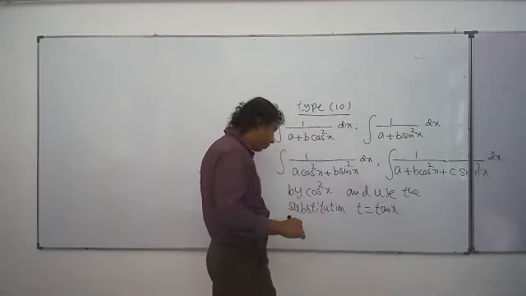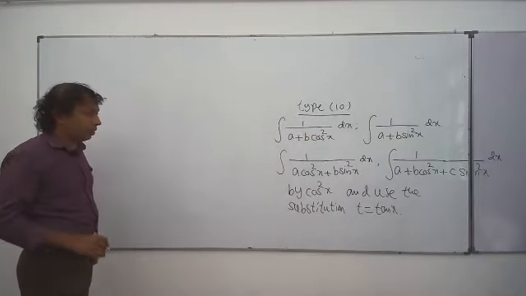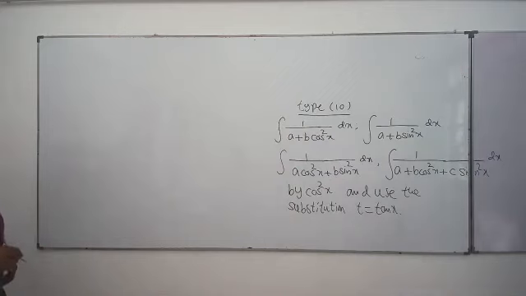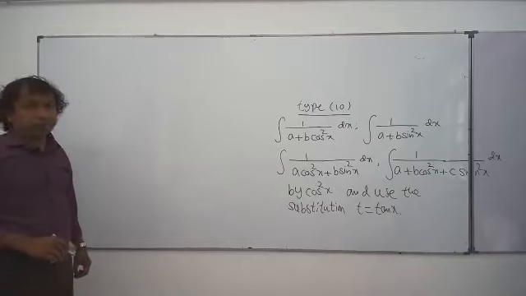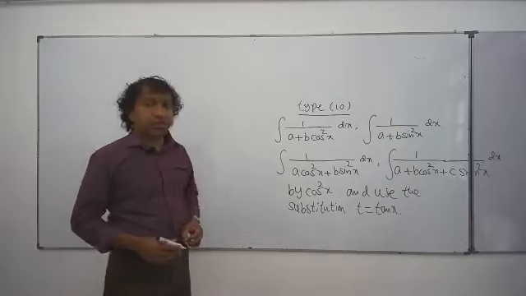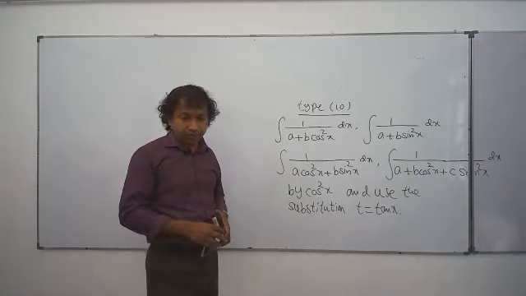T equals tan x. We divide both the numerator and denominator of the integrand by cos squared x. Then we use the substitution t equals tan x. T equals tan x. Right?